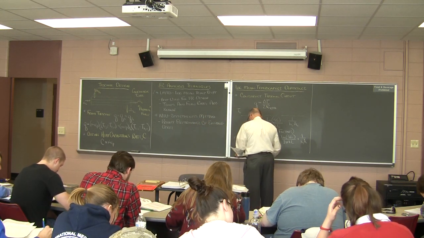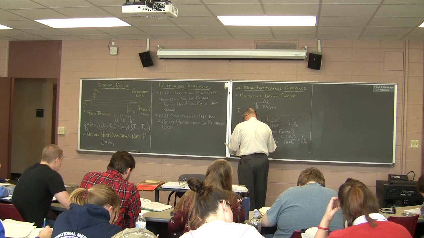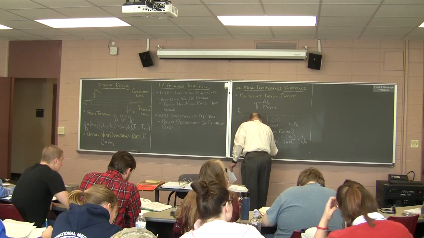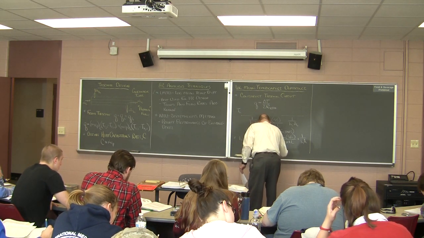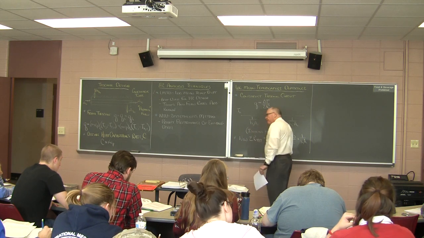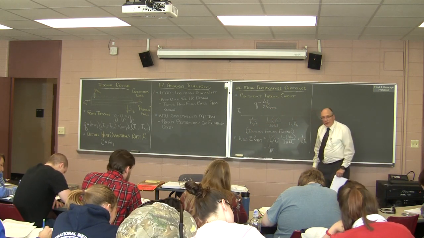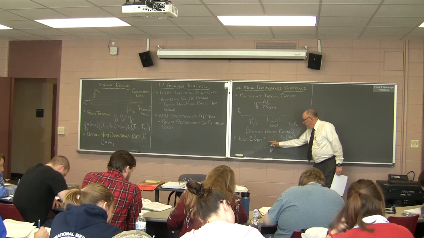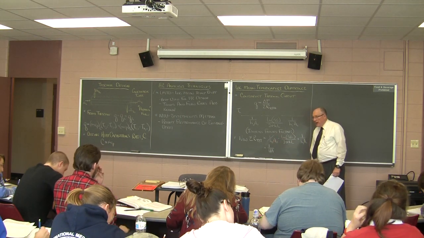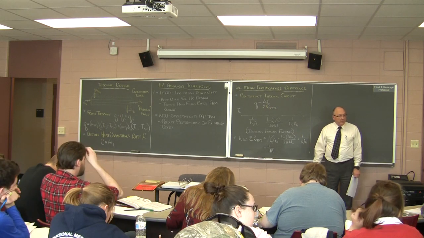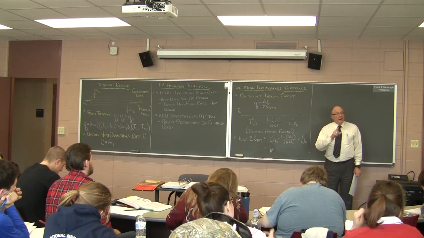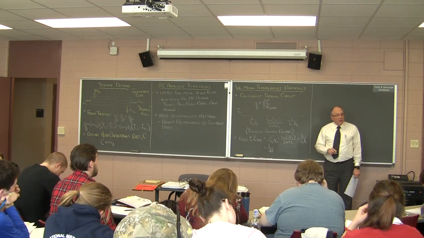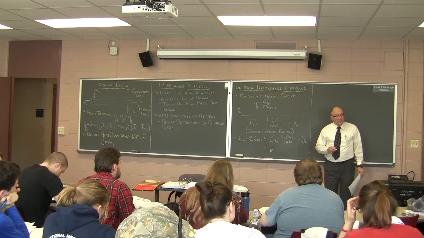More often, we'll write this as 1 over UA, where UA is our heat transmission coefficient, and UA is equal to 1 over this term right here. Now, you did that in one of your homeworks, okay? And so you should have some feel for how that's done.